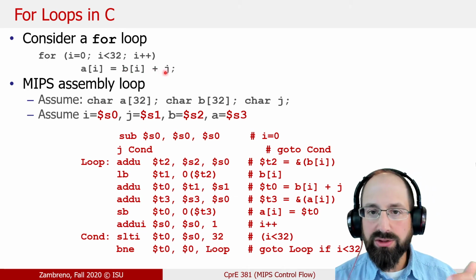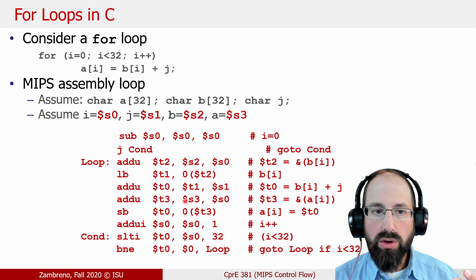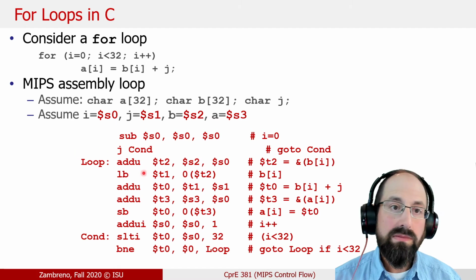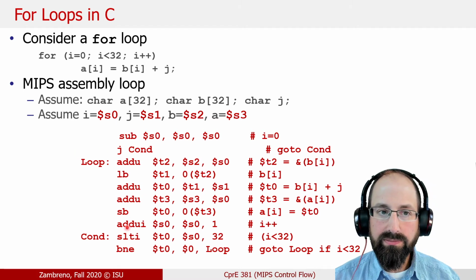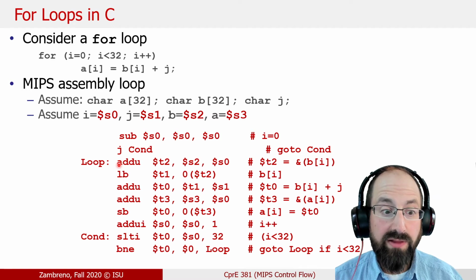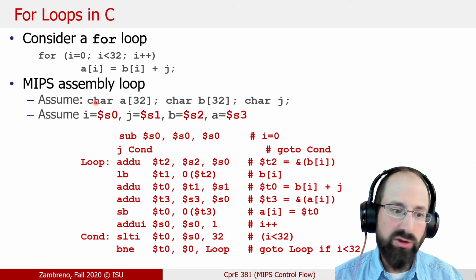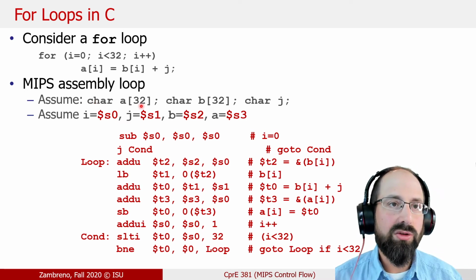We add that result to J. We then do the same thing for our A of I, where we calculate the offset into A, and then we store the result of our addition back into A of I, increment our loop index, check the condition, and just continue. There's no shift left logical here because explicitly you're told as part of the problem setup, or you're assuming if I don't tell you, that these are just single byte entities.